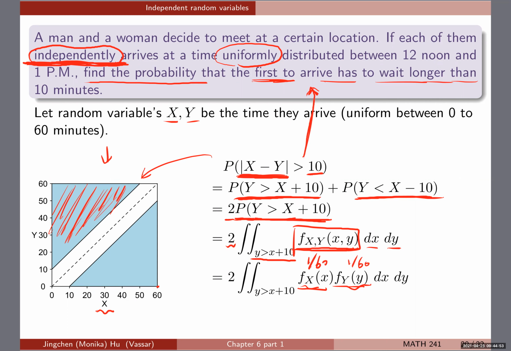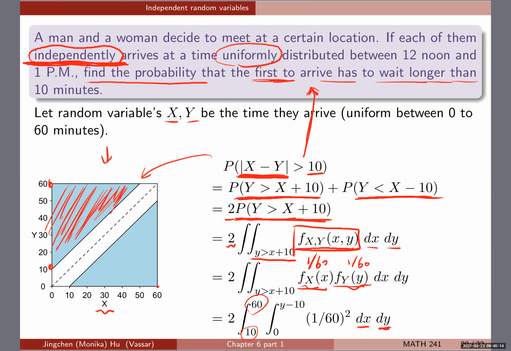And then we need to work out the bounds for this double integral. Focusing on this one, we're doing dx dy. For y, the range is from 0 to 60. Then for x, just be careful here.